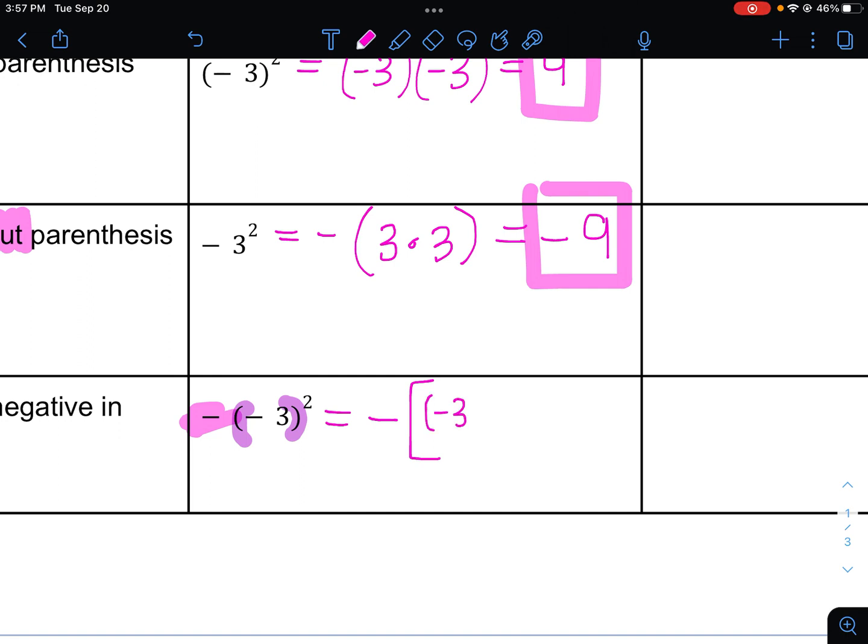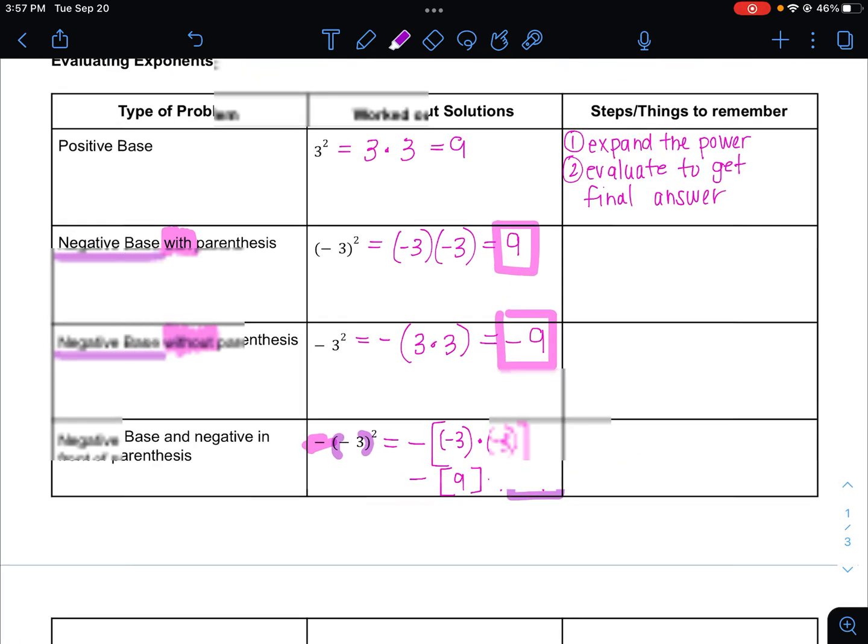So we're going to keep it inside the bracket times twice by itself. We're going to close that bracket. We're going to do all our work inside our bracket first. So we're going to bring down that negative, create that bracket again. Negative 3 times negative 3 is positive 9. And then we can see that we're going to apply that negative to the very end. So that's going to become negative 9 as our final answer on that one.